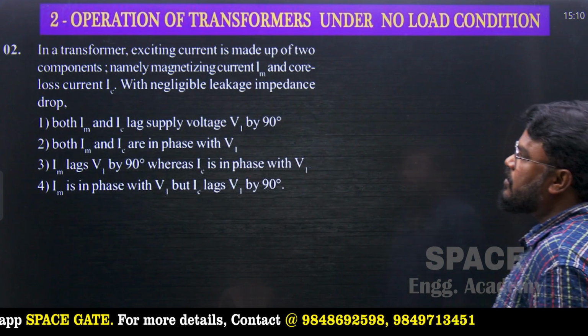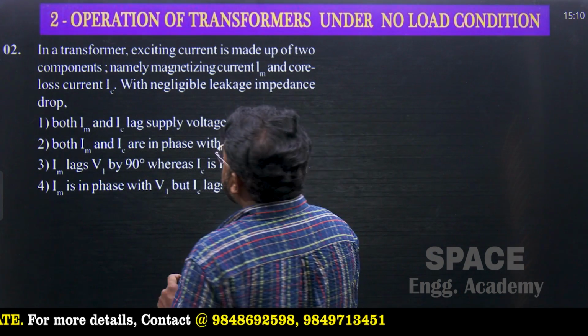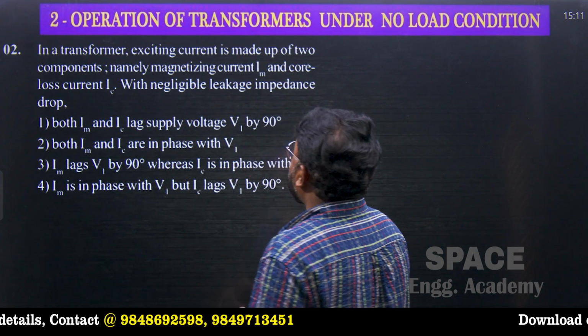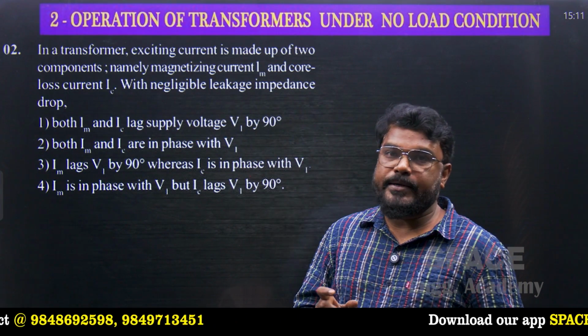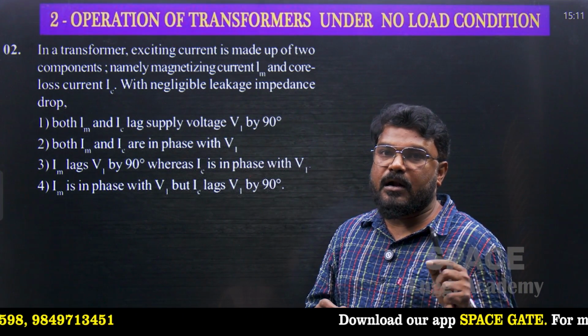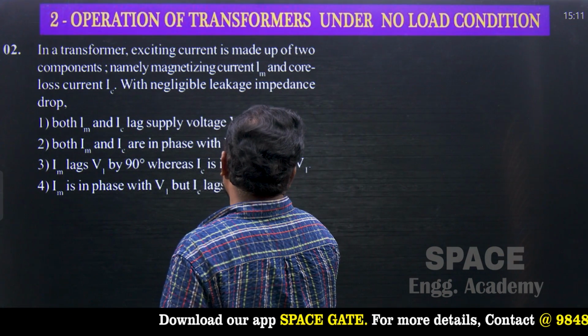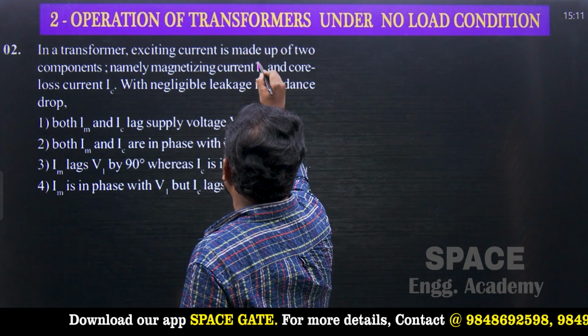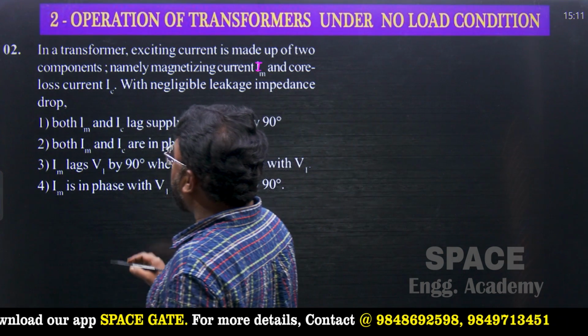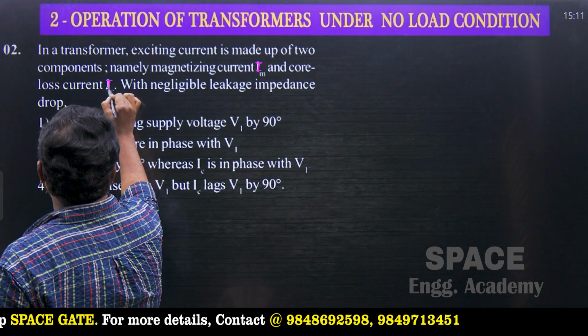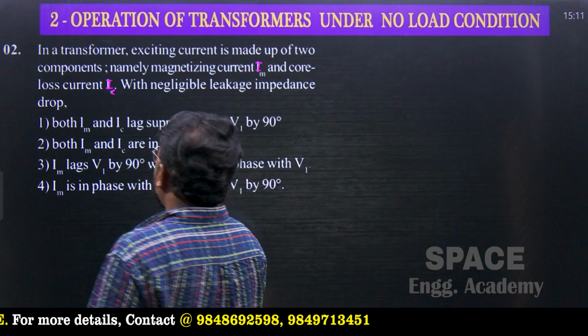And next one, question number 2. In a transformer, exciting current is made up of two components, namely the magnetizing current Im and the core loss component of current Ic.